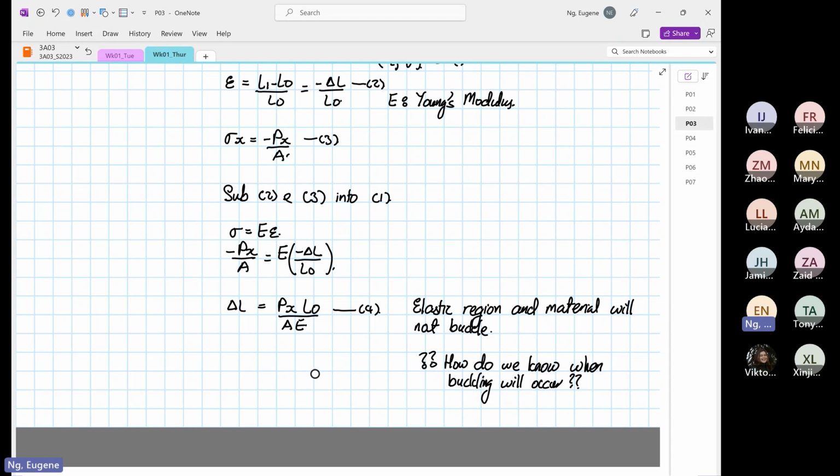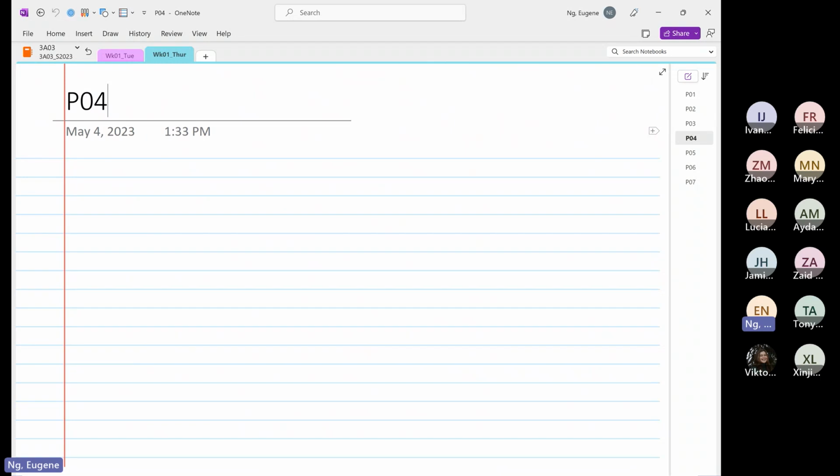Now, we have derived a relationship where the change in L is equal to Px L naught over AE. Now, I'm going to pull you away from structure analysis, and we're going to look at stiffness. Stiffness, the symbol is a small k.